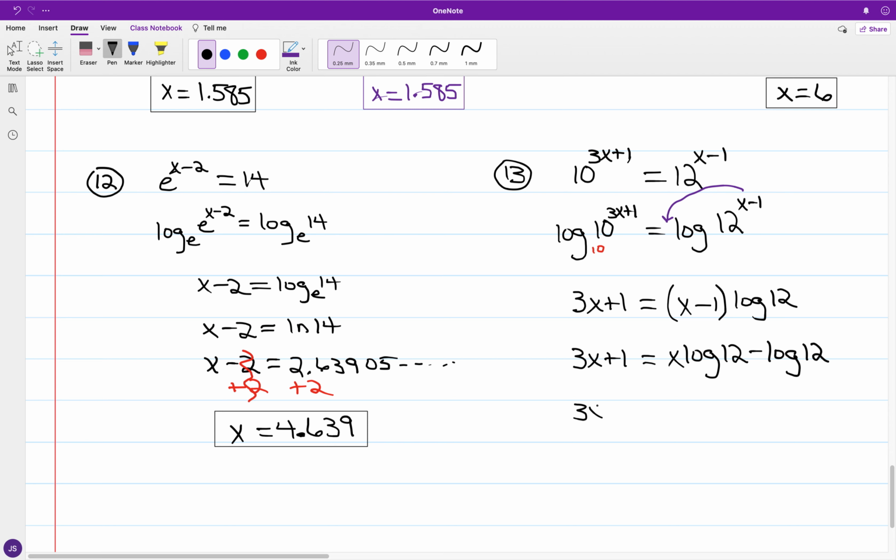So I have a couple of x terms and a couple of terms that do not consist of the variable x. So I'm going to separate the pairs. I can just keep 3x on the left and combine that with x times the base 10 logarithm of 12, by subtracting that term from both sides.